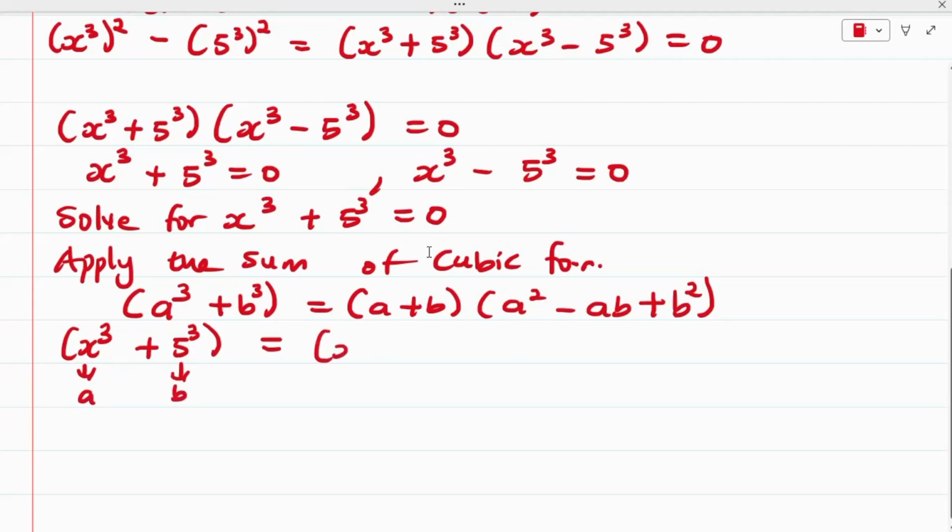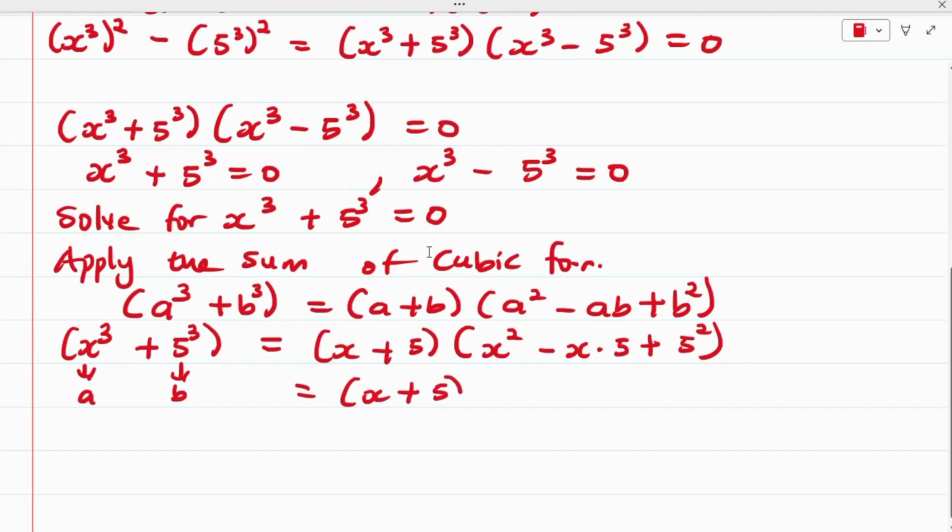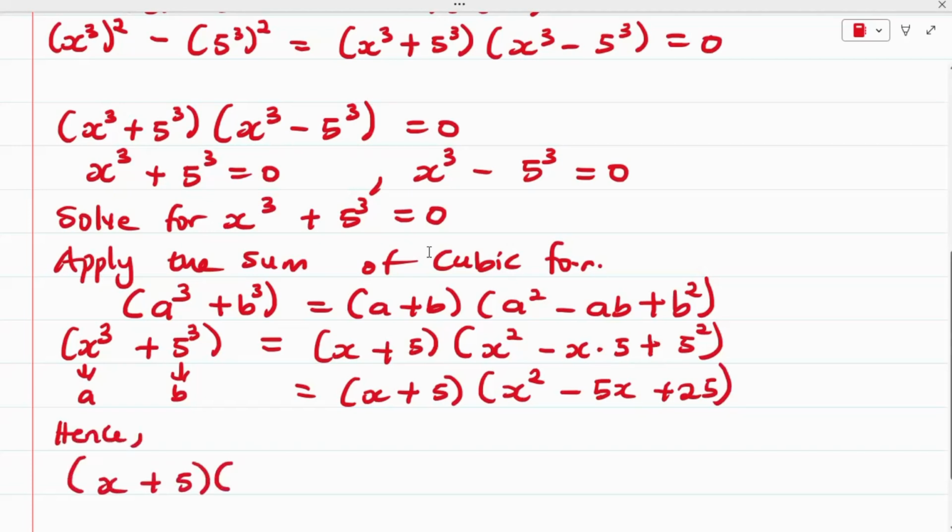So this becomes x plus 5 into x square minus x multiplied by 5 plus 5 square, which is x plus 5 into x square minus 5x plus 5 square, which is 25. So hence our new equation becomes x plus 5 multiplied by x square minus 5x plus 25, and this is equal to 0.